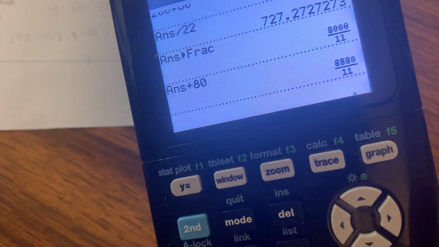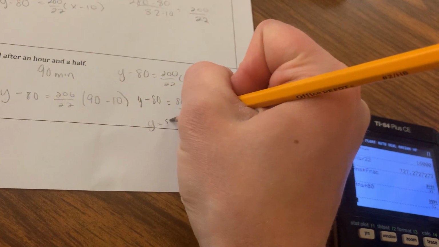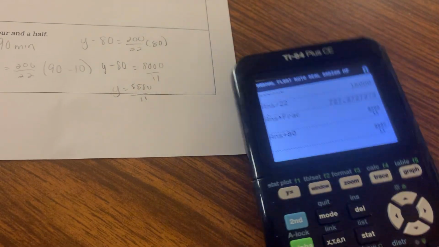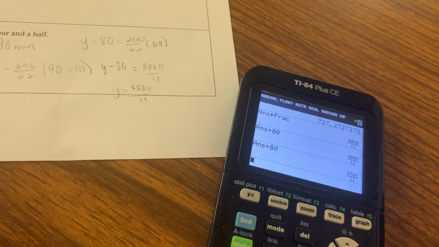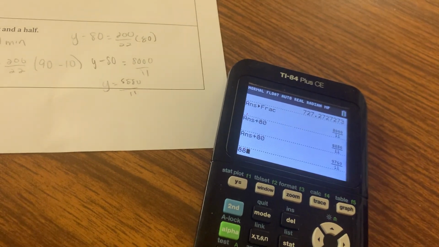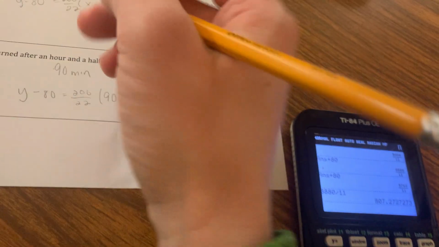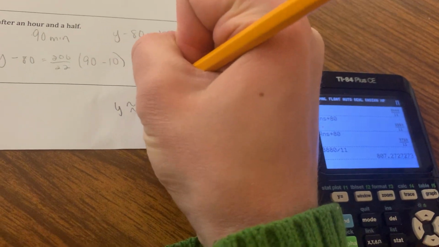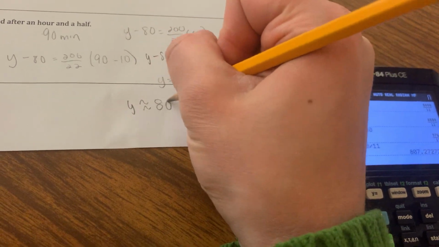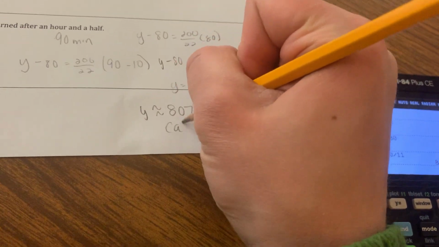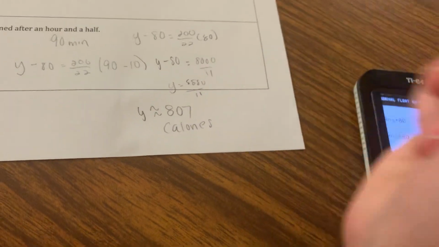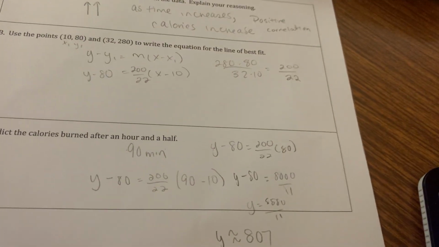And we're going to get 8880 over 11. But you wouldn't say I burned 8,880 calories divided by 11. You would say, oops, I burned about 807 calories. That's a lot of calories. Must have been doing some intense workout.